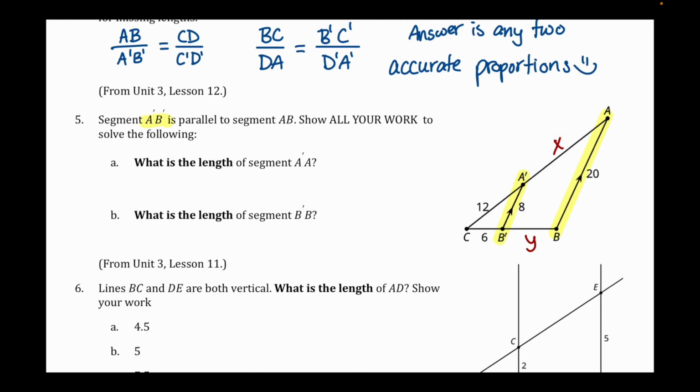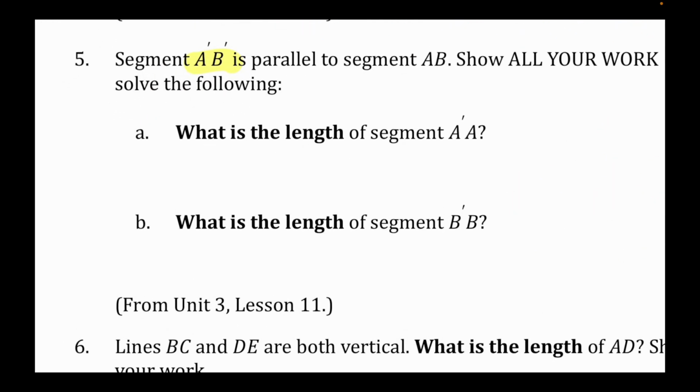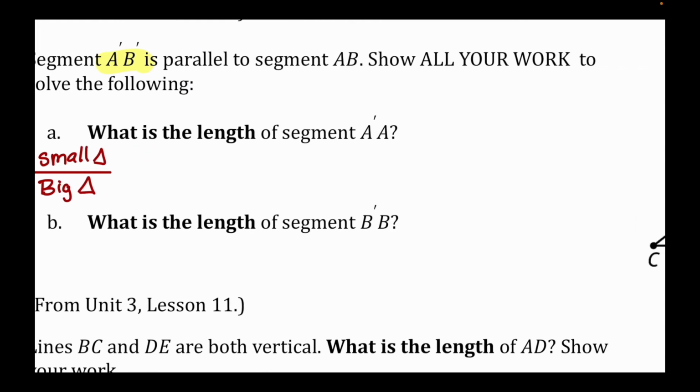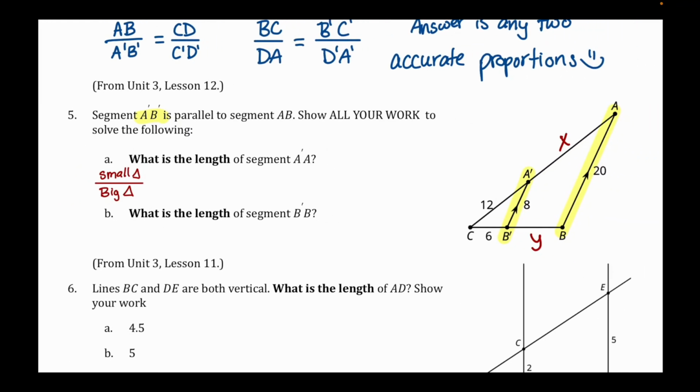The relationship I'm going to write out here is going to be small triangle part over big triangle part. So for the small triangle, I can do 8 over 20. And so that comes from the parallel pieces, 8 over 20.